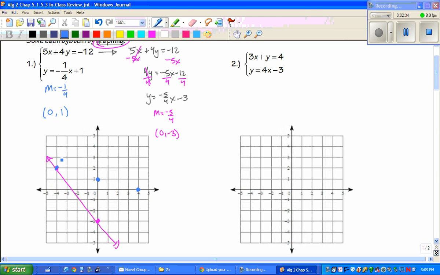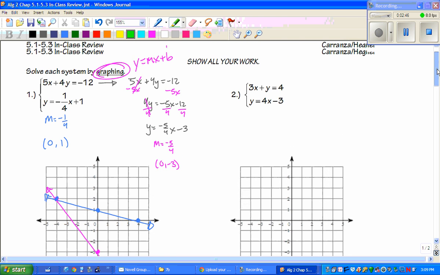We find out where they meet. Now, we're not done yet because we have to draw the line. So draw the line, add your arrows, and then where do those two lines meet? I'll write my answer right there. That is negative 4, positive 2.